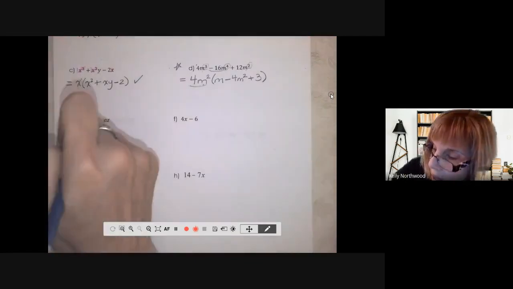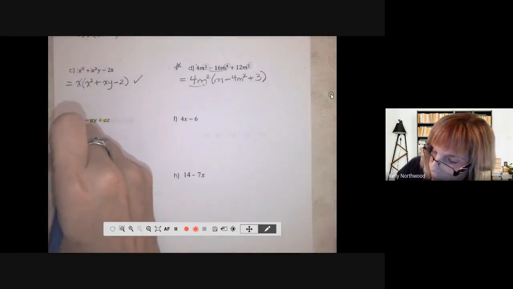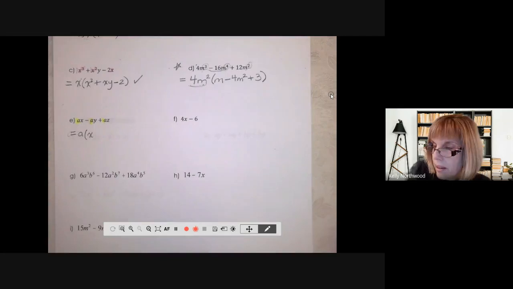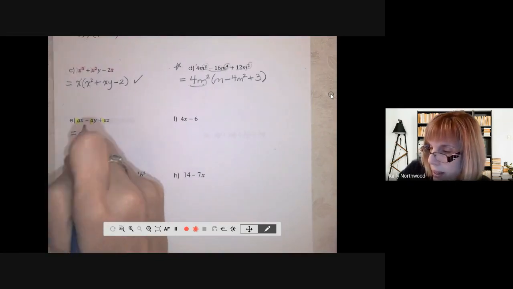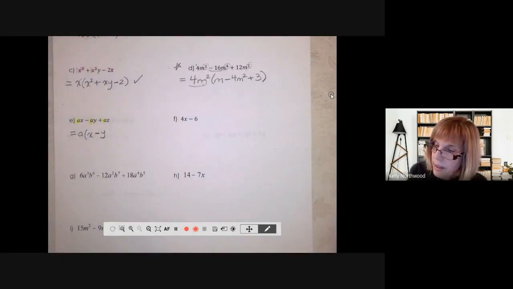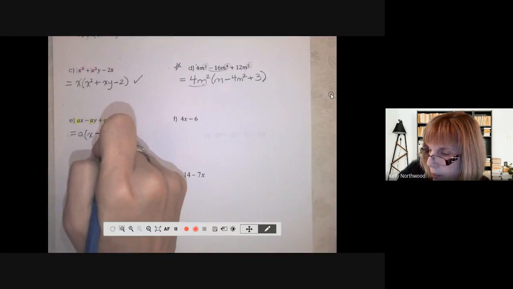So A is our common factor. And then what do I multiply A by to get A times X? X. What do I multiply A by to get negative AY? Negative Y. And what do I multiply A by to get positive AZ? Positive Z.